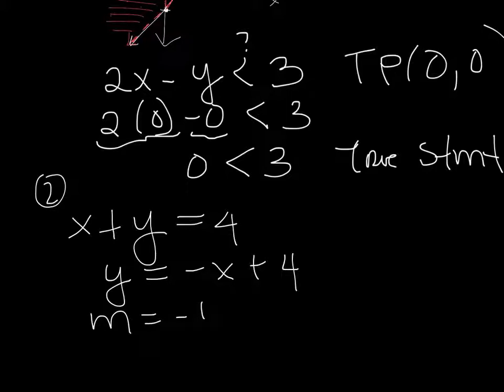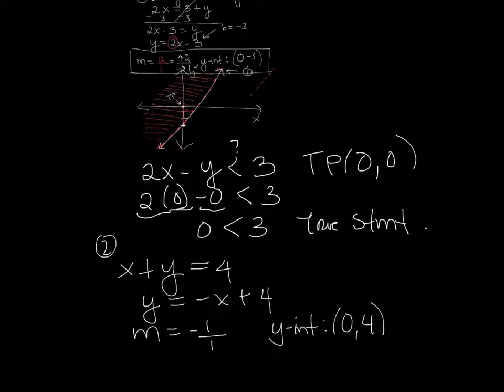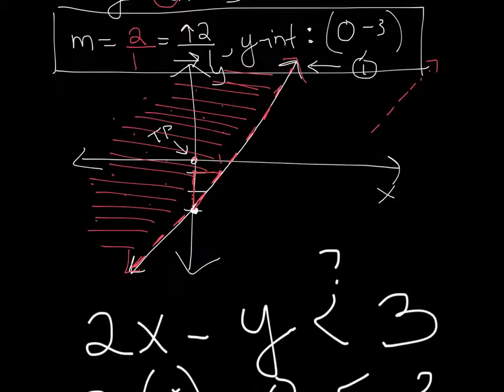Slope is -1/1, and the y-intercept is 0, 4. So I make this blue. 0, 4 is right there, and my slope is -1/1.